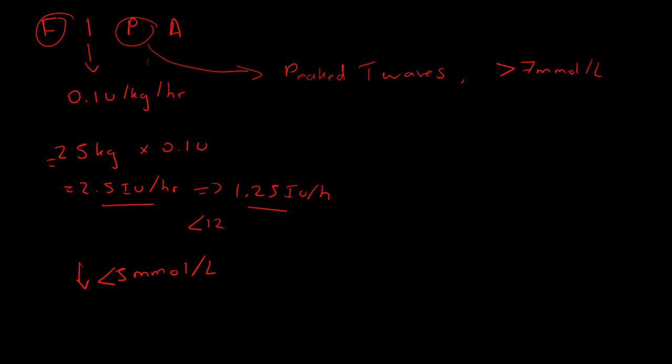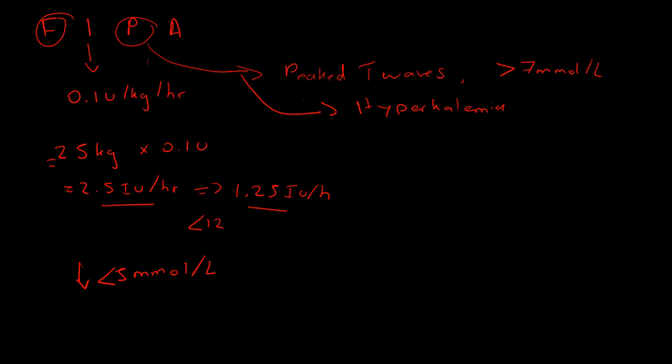Remember that to prevent this hyperkalemia, we must ensure that this person is passing urine. They are not anuric, so you should catheterize your patient. Then you check the levels of potassium, and remember that the normal concentration of potassium is roughly 3.5 to 5.5.